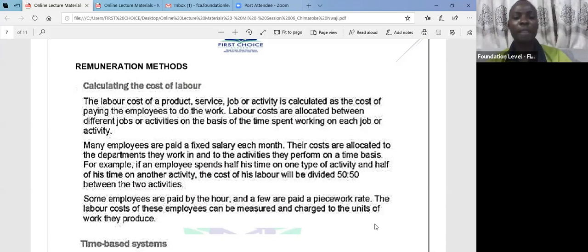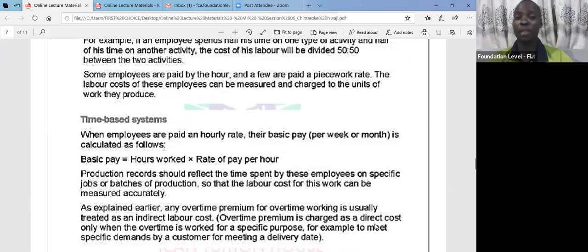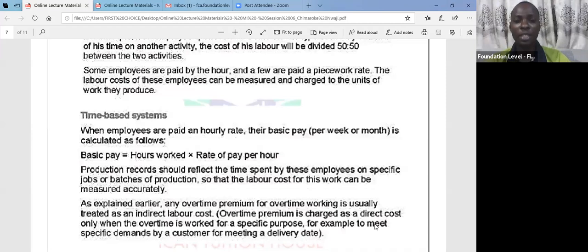Now let's look at the time-based system. When employees are paid an hourly rate, their basic pay, either per week or month, is calculated as follows: the number of hours you work, because it's time-based, multiplied by the rate per hour.